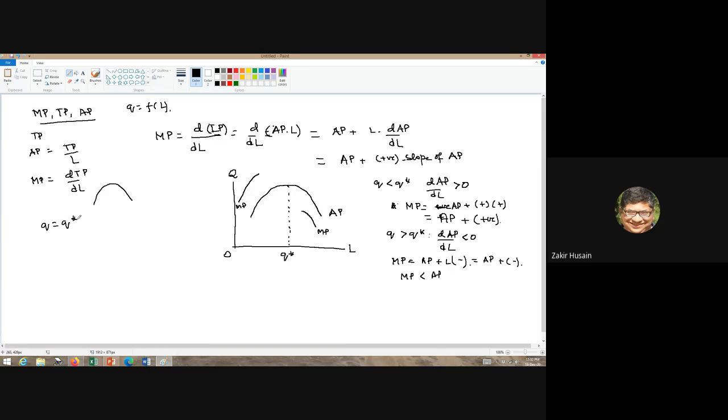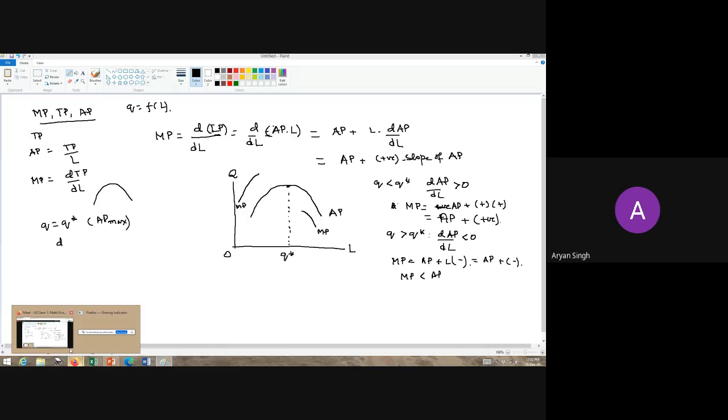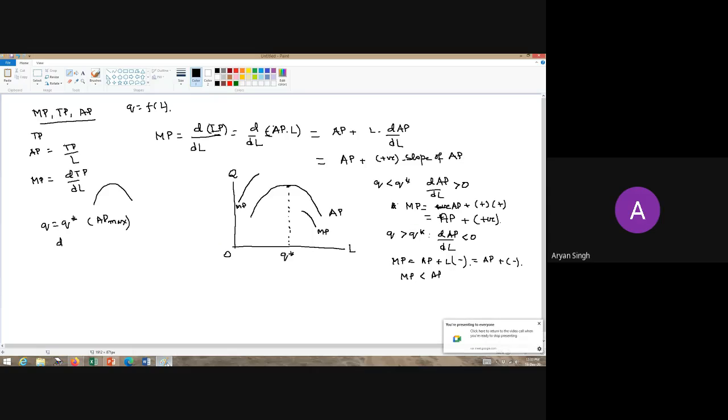Q equal to Q star. This is the maximum. So what is the slope of AP?